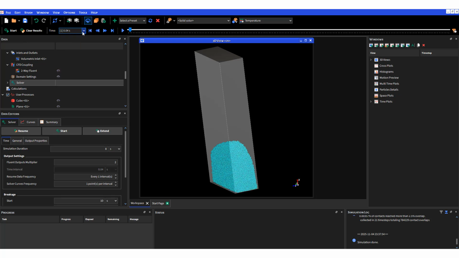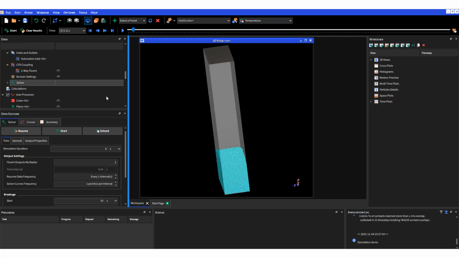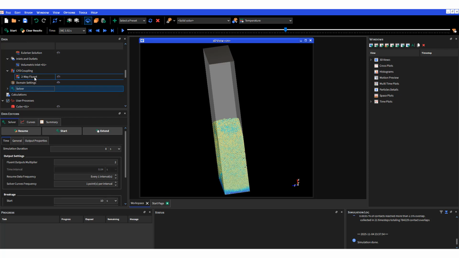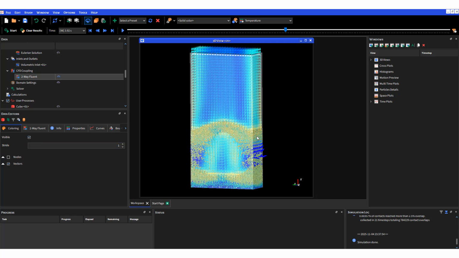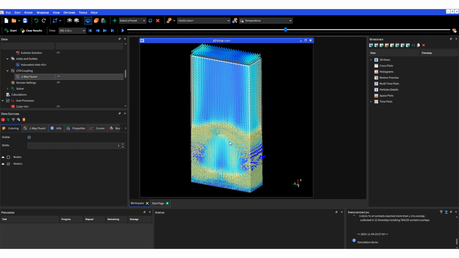And you can see the particles settling down in their position, and as we advance in time, you can visualize the particles interacting with the gas phase as well. And we can visualize that by basically going to Fluent and making this visible, so you can see the vectors for the gas phase flow, colored by fluid velocity.